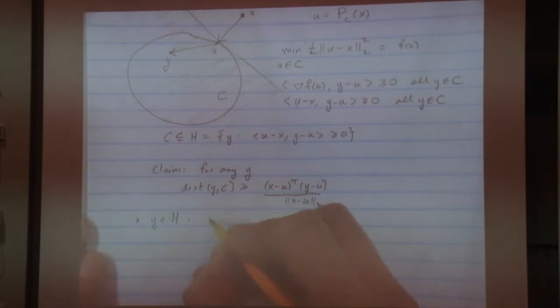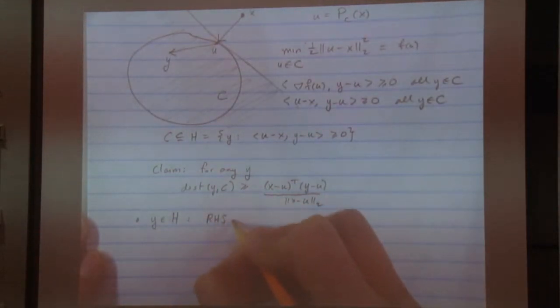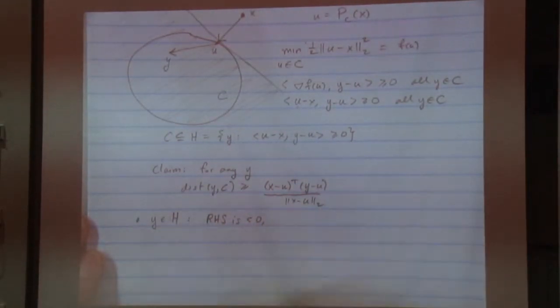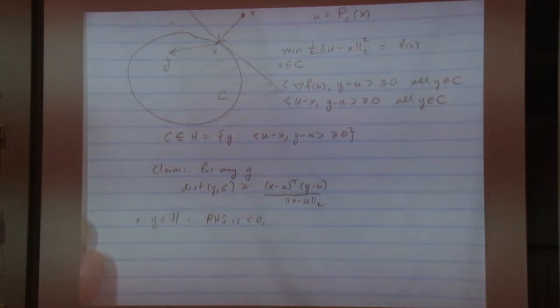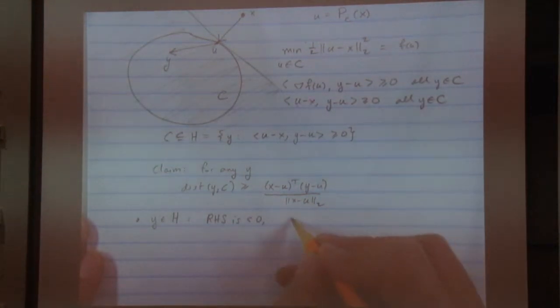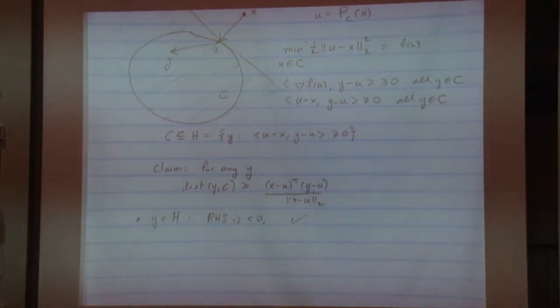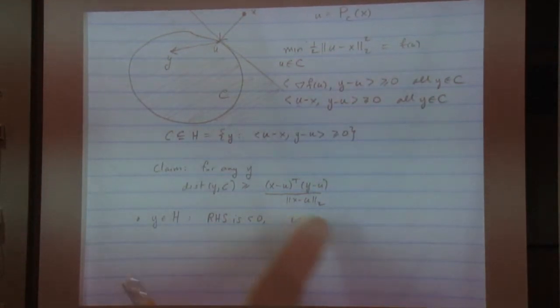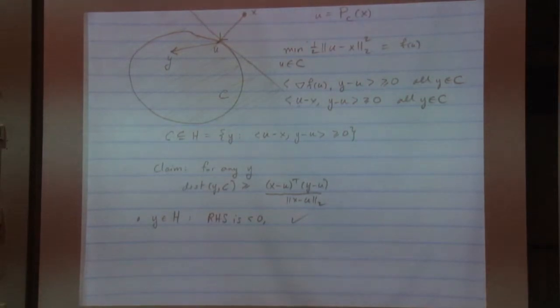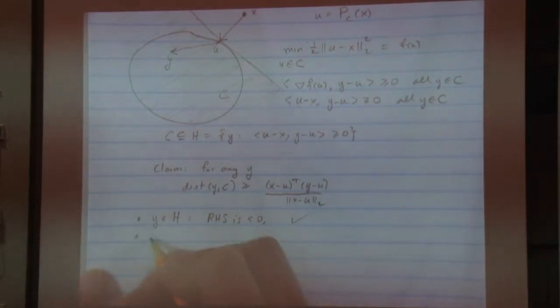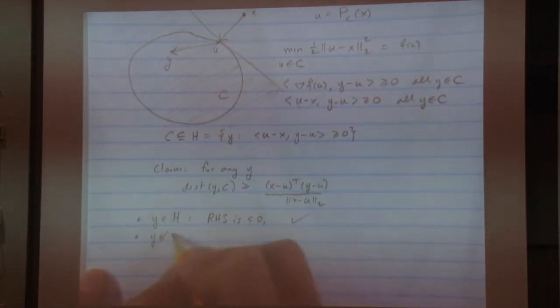So if y is in the half space, then this right-hand side is negative, by definition of the half space. So that's fine. The distance between a point and the set C is always non-negative. This is going to be negative when y is in the half space, so that's fine. That case was easy. How about when y is not in the half space?